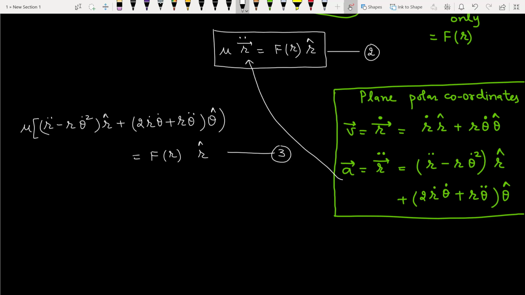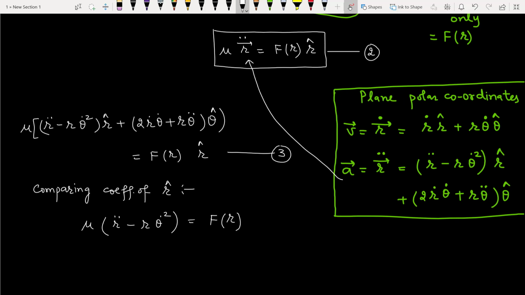So here we compare the coefficients of r cap. When we compare the coefficients of r cap, mu (r double dot minus r theta dot square) is equal to fr. So mu r double dot minus mu r theta dot square is equal to fr.